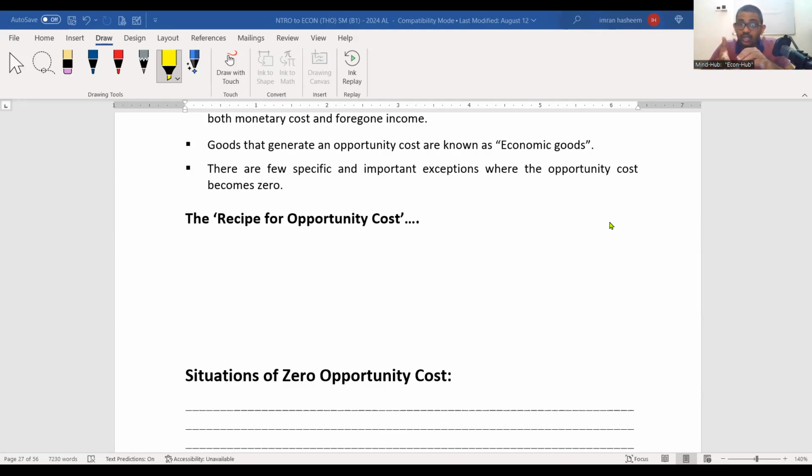Scarce resources. Those scarce or limited resources have alternative uses, competing ends. So scarce resources plus alternative uses equals problem of choice, unavoidable trade-off, essential trade-off.